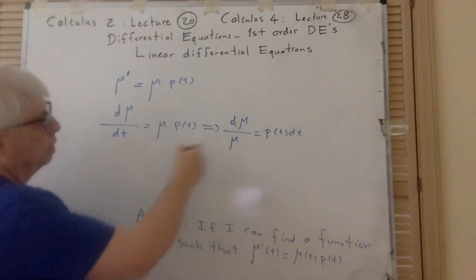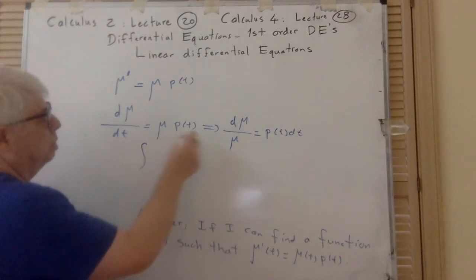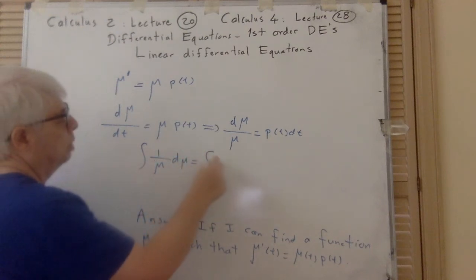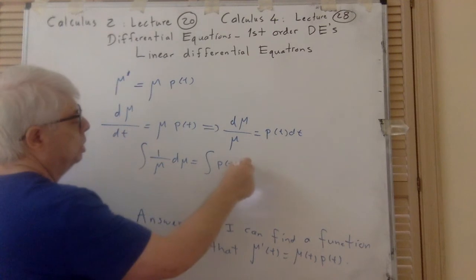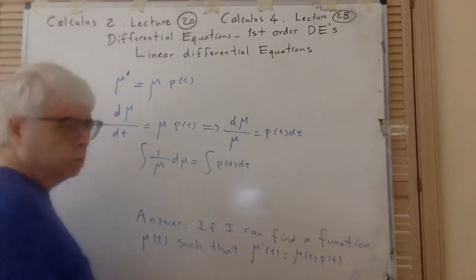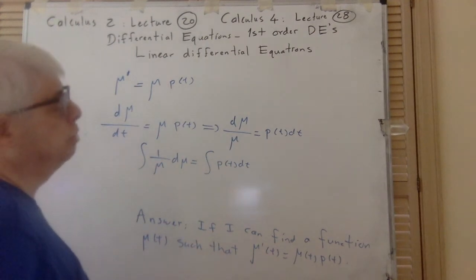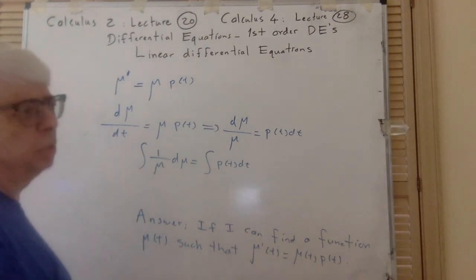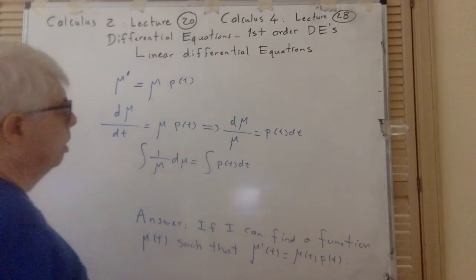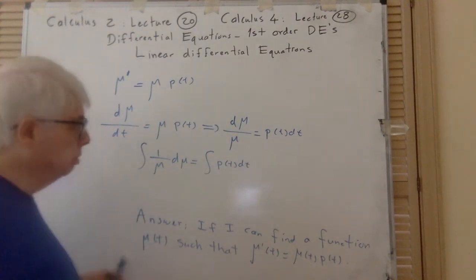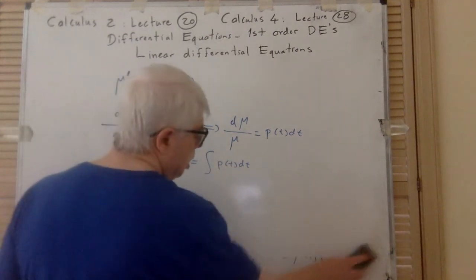Fantastic. So if I integrate, I have the integral of 1 over mu d mu on this side, and on the other side, the integral of p(t) dt. Don't write a constant in this case. We don't need the constant. We just need the function. In fact, if you write the constant, you will get the same answer. And again, don't write it as absolute value.